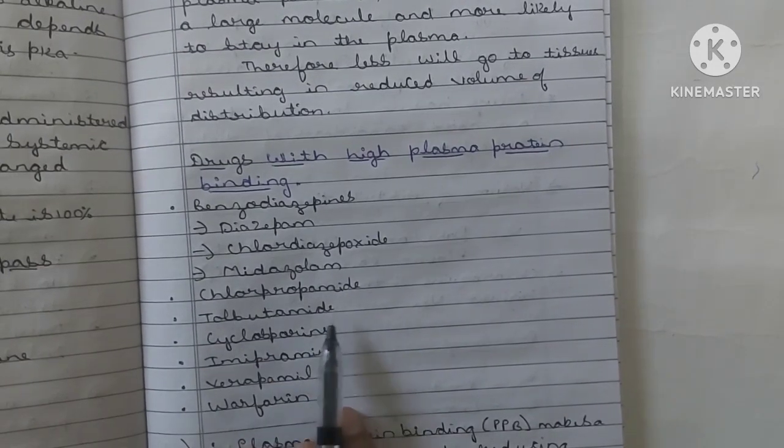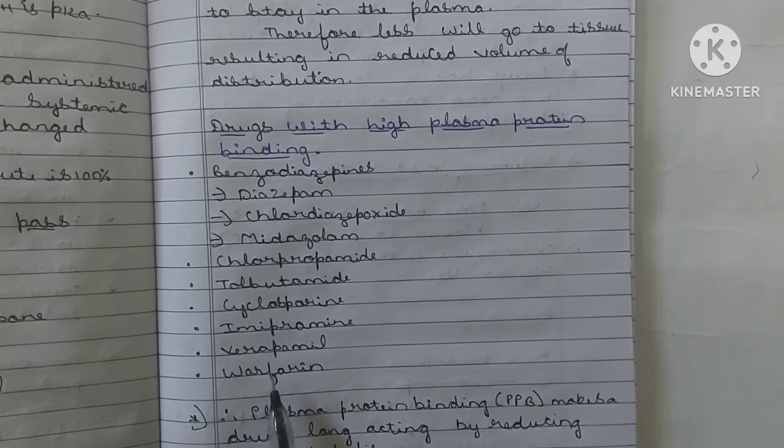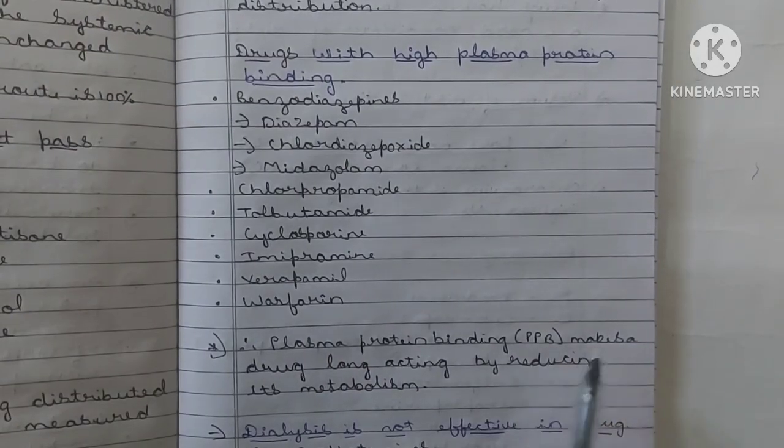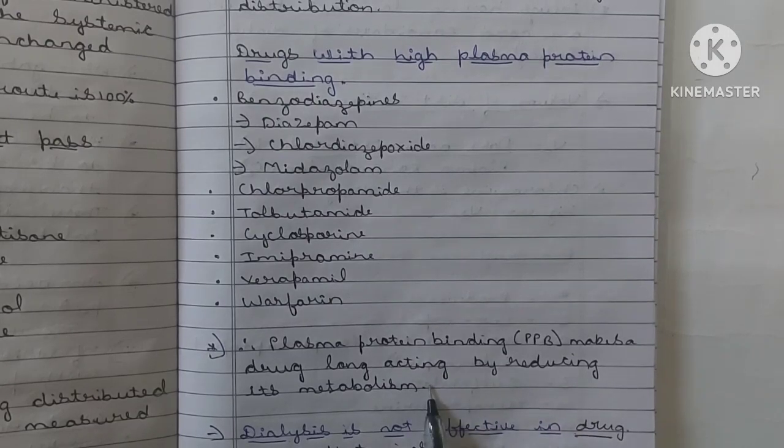Then chlorpropamide, tolbutamide, cyclosporin, imipramine, verapamil, warfarin. These are all the drugs which have high binding with the plasma protein. Plasma protein binding makes a drug long acting by reducing its metabolism. Very important.